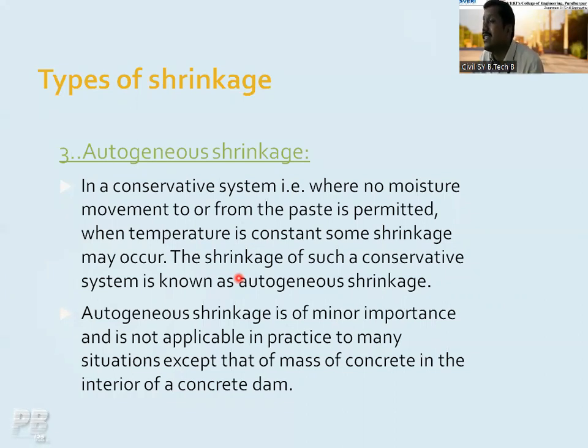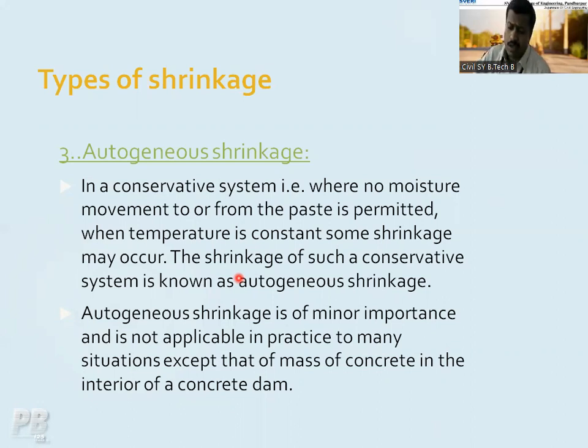So in such a case, in the interior part of the concrete body of the dam, there may be locking of the moisture movement, and there you are going to see such autogenous shrinkage, which is not good.